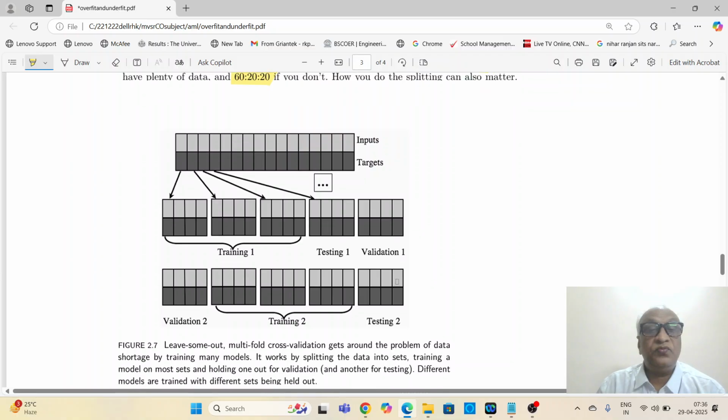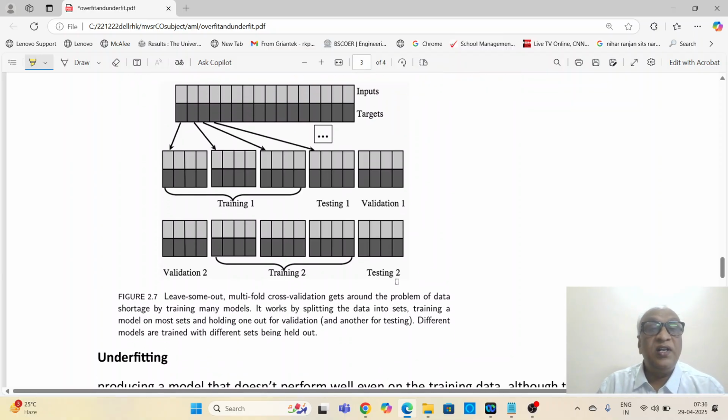Now, if you look at this diagram, this diagram indicates a technique called leave some out multifold cross validation. With this, we are splitting the data into sets, and we are training a model on most sets and holding one out for validation and one for testing.